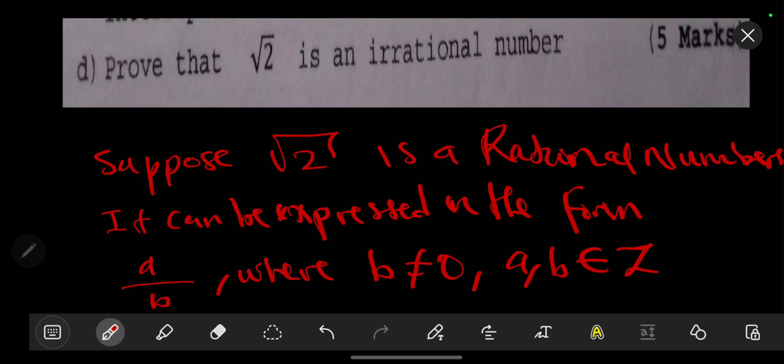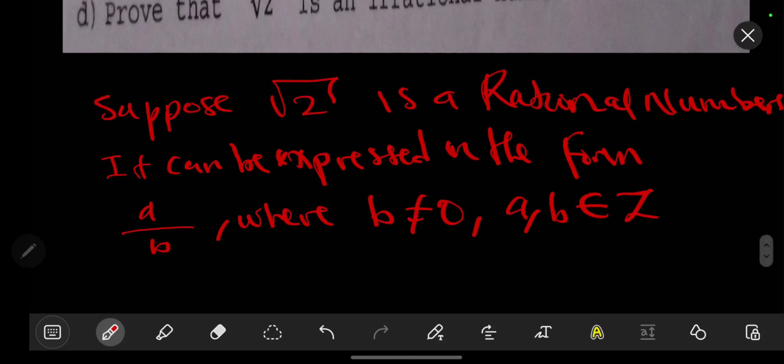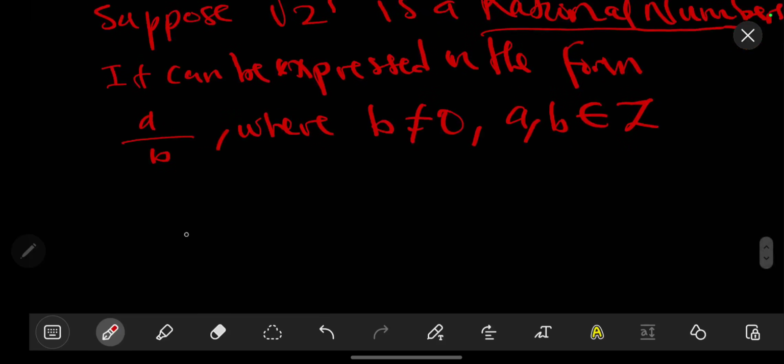They do not include fractions. So now what this means is that if the square root of 2 is a rational number, it can be expressed in the form a over b. Therefore, we are now allowed to do the square root of 2 should be equal to a over b. So first, come up with a statement, then you are free to do this.